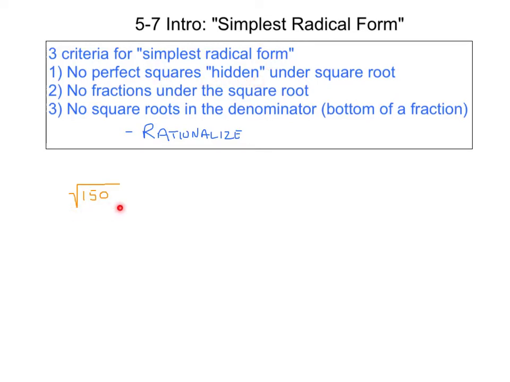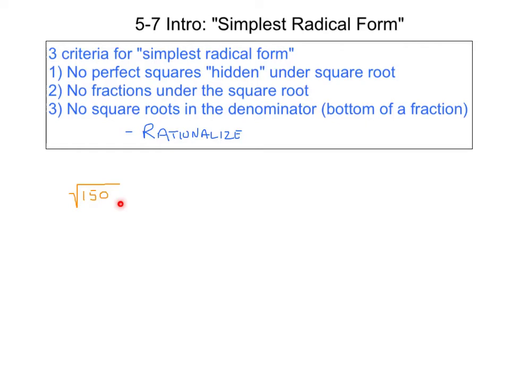Now, of course, if you typed the square root of 150 into a calculator and it said like 17, then your answer would simply be 17. But it's not that simple. Instead, what we need to do is look for other perfect squares inside of 150.